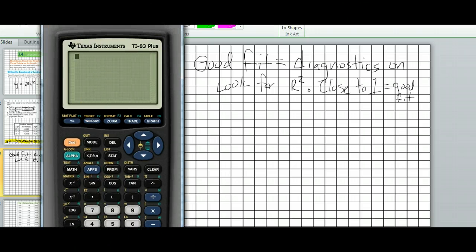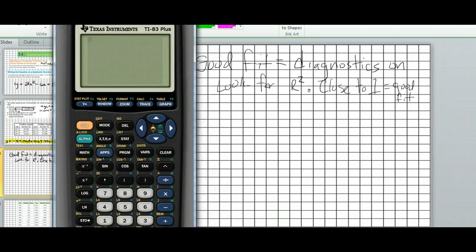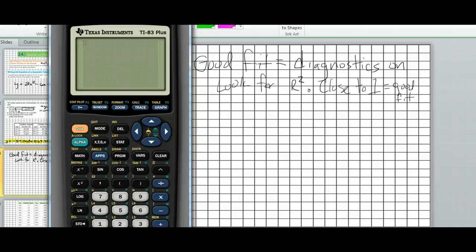If you look at second 0, it says catalog. Notice you're in alpha mode. Alpha mode activates the letters that you see above the buttons. So we want D for diagnostics, and then just scroll down until you see diagnostics on. There's diagnostics on, so I hit enter again, and it says done.